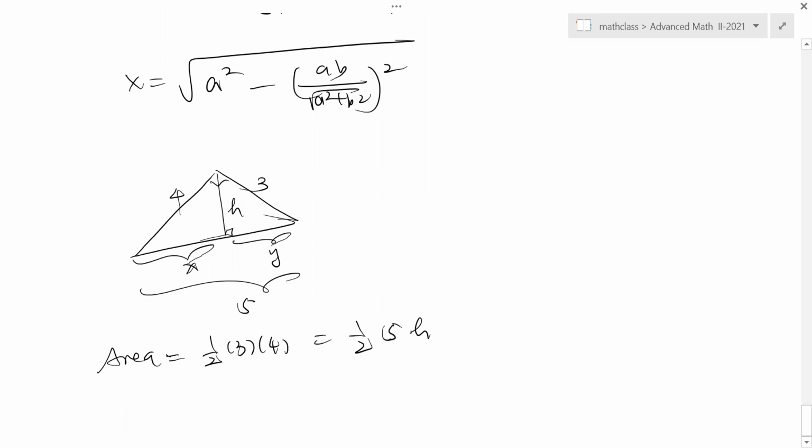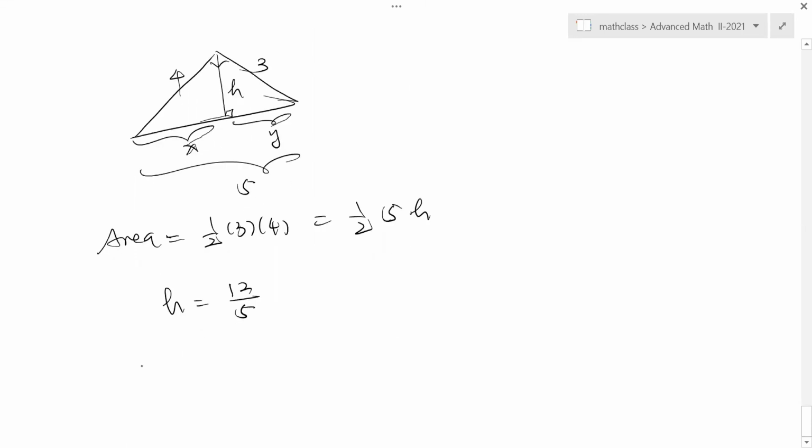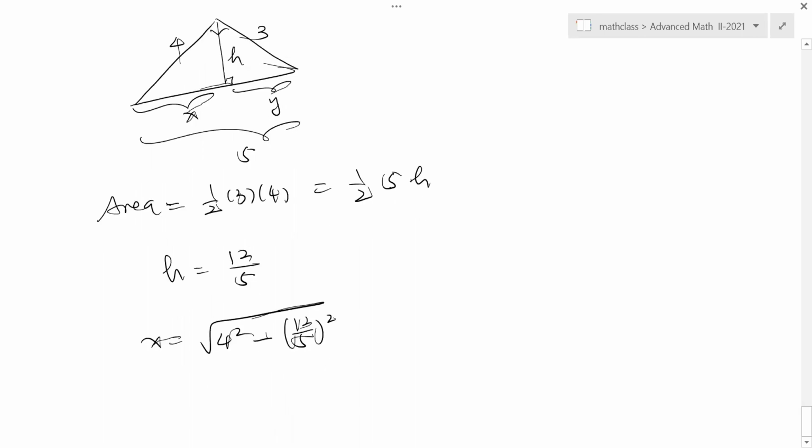So h is going to be 12 over 5. Then using h, you can get x. X is going to be the square root of 4 squared minus h squared, which is 12 over 5 squared. Then you simplify. All right, that's a two-step problem.